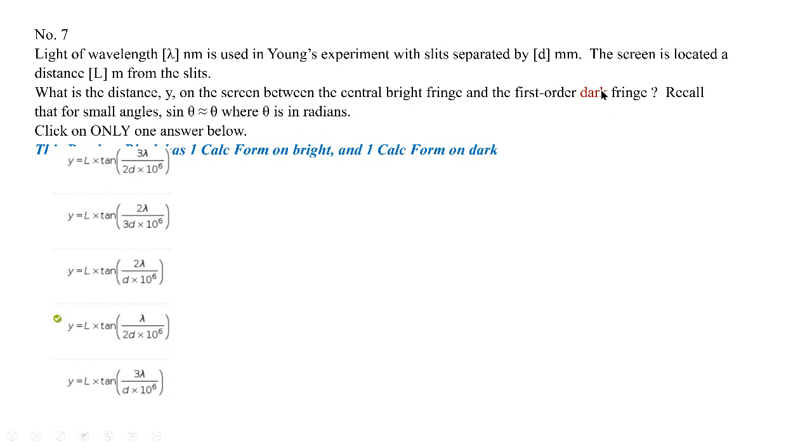If the question asks for the, I think they call it the second order bright fringe, or do they call it the third order dark fringe? I'm not in that language, in that field. But if you want the next dark fringe, then you would use 3. But they ask for the lowest order dark fringe, so you should use lambda.